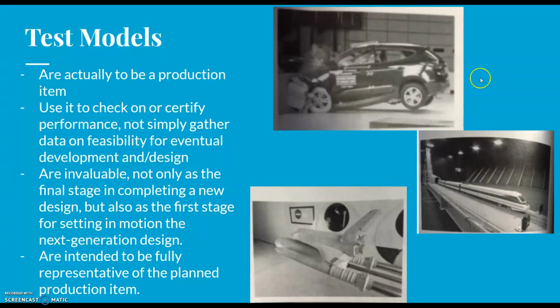So up here, I have a picture of a test of crashworthiness using a test model automobile. That's a 2010 Hyundai Tucson being tested at the Insurance Institute for Highway Safety Vehicle Research Center. Down here is a photograph of a wind tunnel test model of an Italian high-speed train.